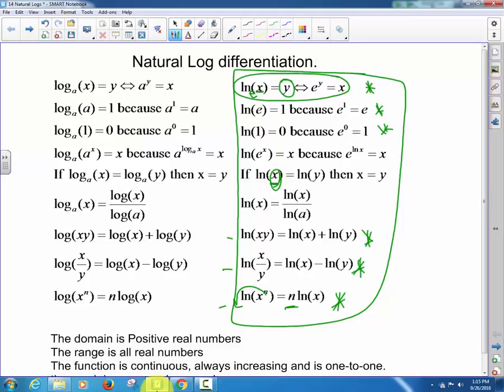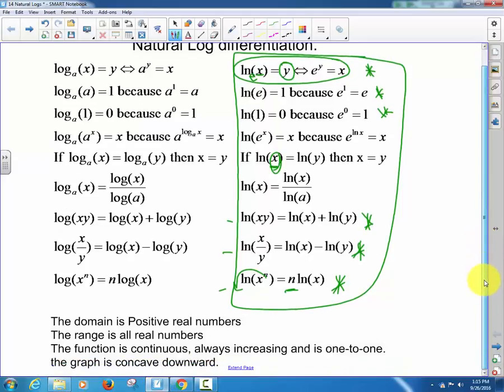So those are just things you're going to have to use. We're going to look at a few examples and see if you remember how to use these properties of logarithms and expand things out.